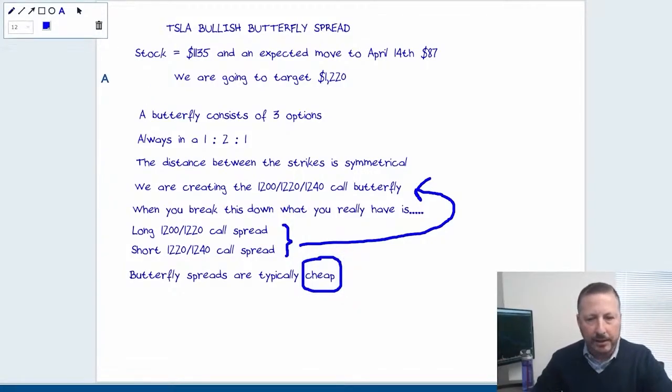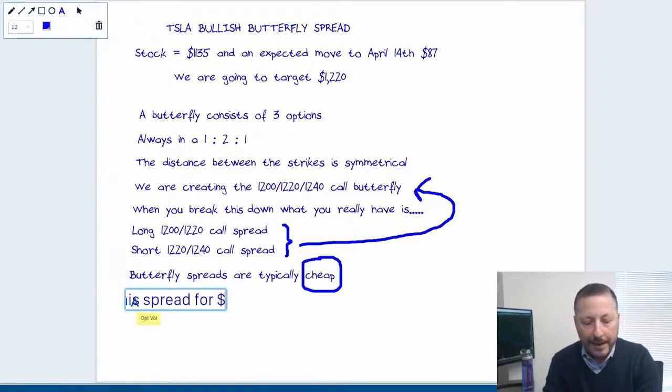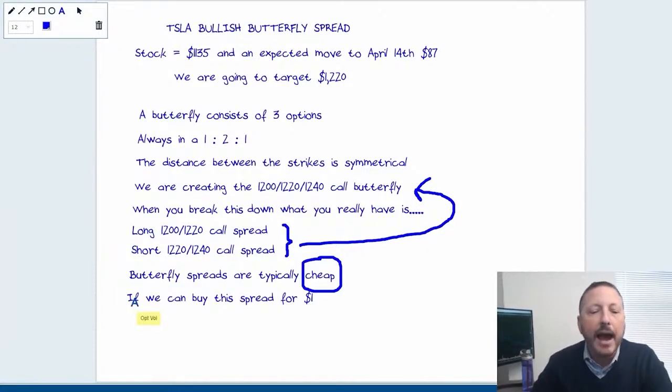Exactly, the reward to risk. So when I say this is cheap, if we can buy this spread for $1, what is the maximum value of this particular butterfly? The 1200, 1220, 1240. What is the maximum?